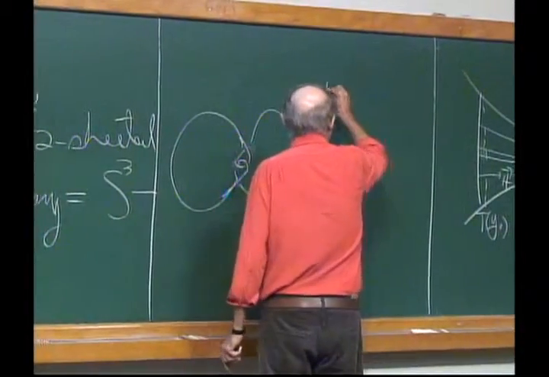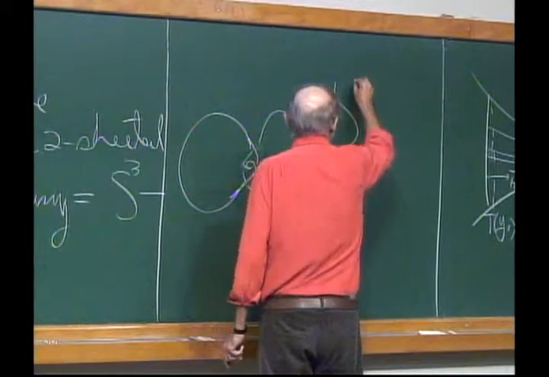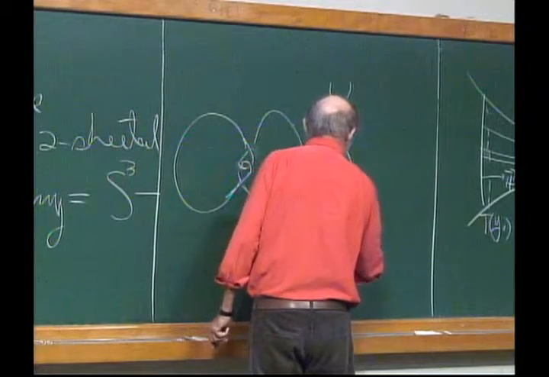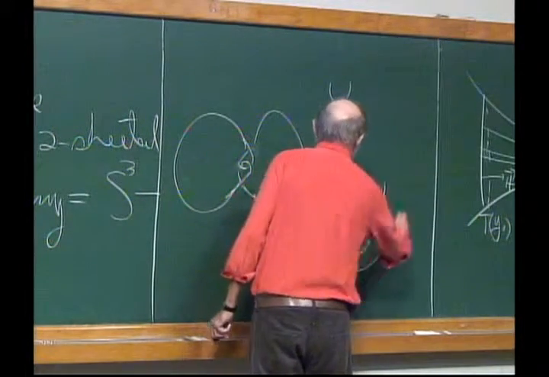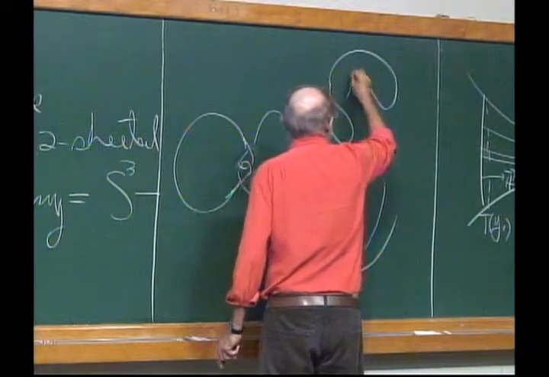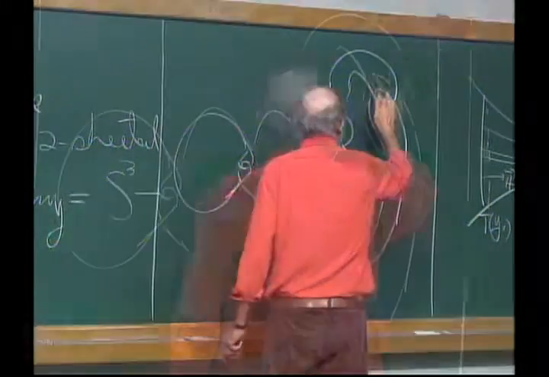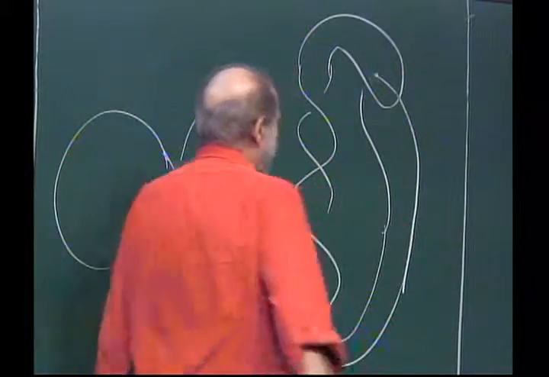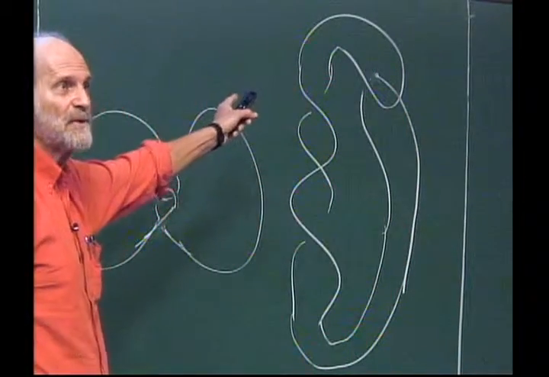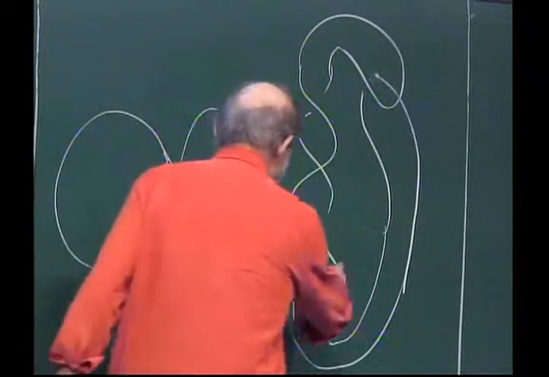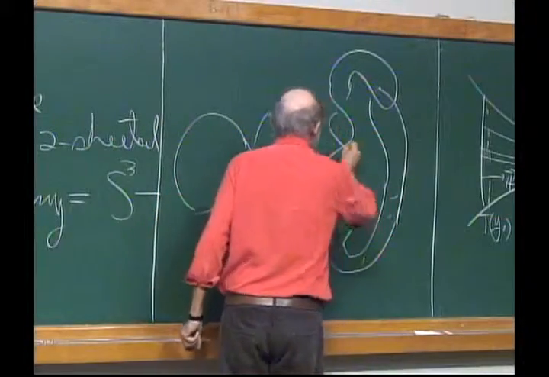For example, if I take a knot of this nature, okay, so I claim there's an incompressible three-punctured sphere in that picture, which is just this disk.